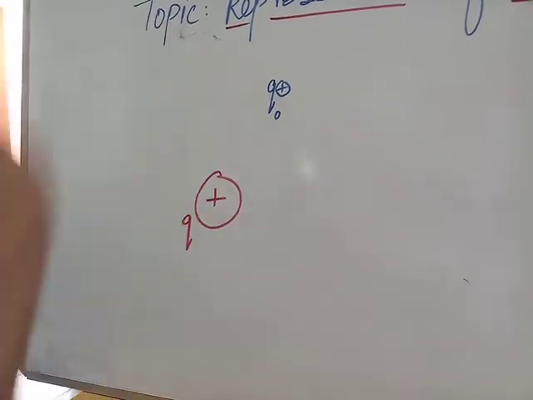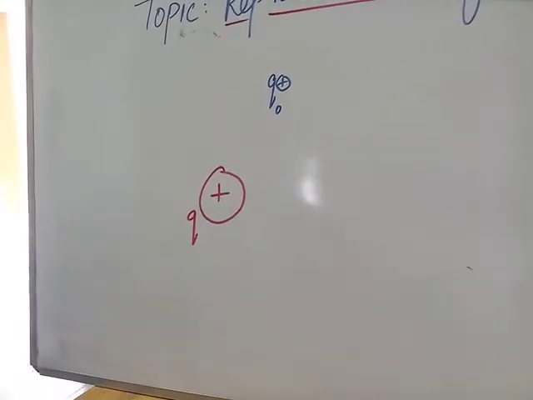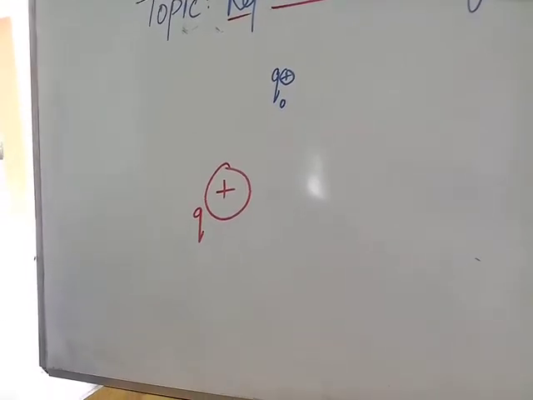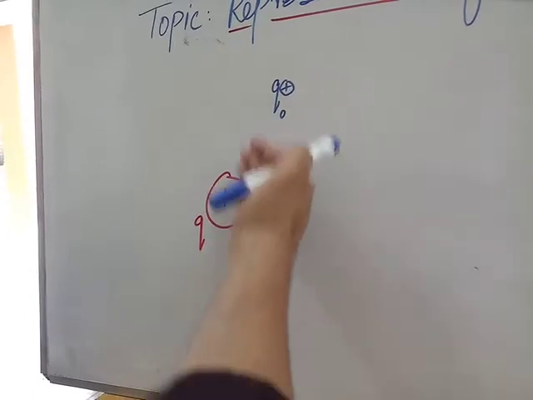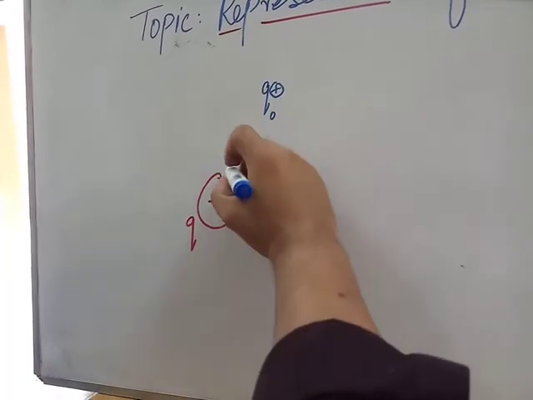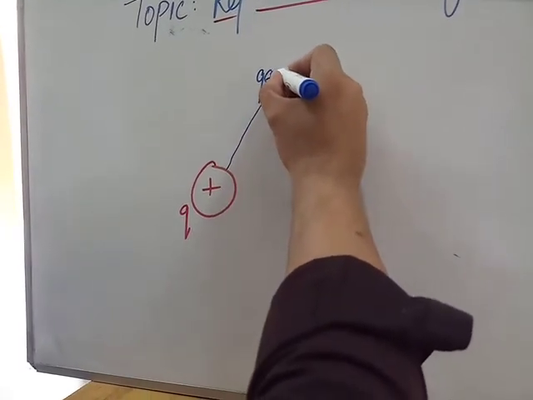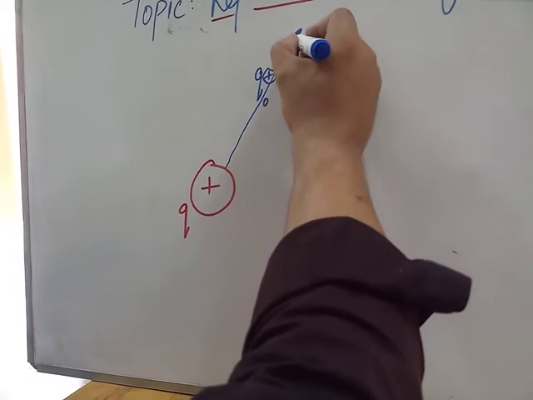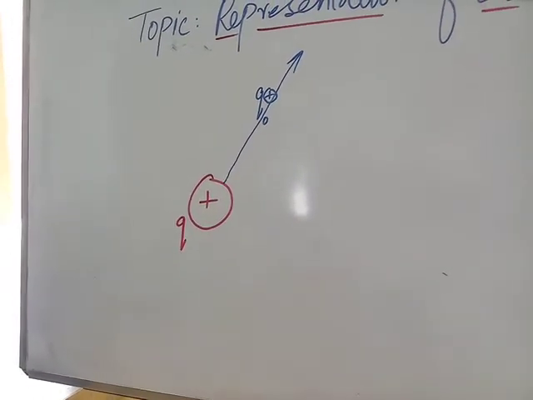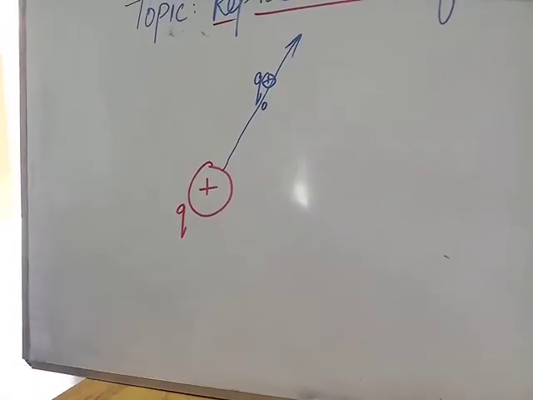These two charges apply a repulsive force on each other. If we draw imaginary lines between these two charges, we can say that Q applies a force on Q0 in the outward direction. This is the line of force, the electric field line.